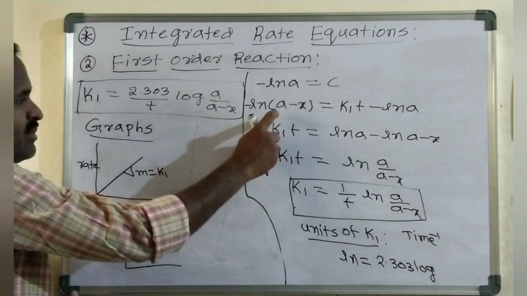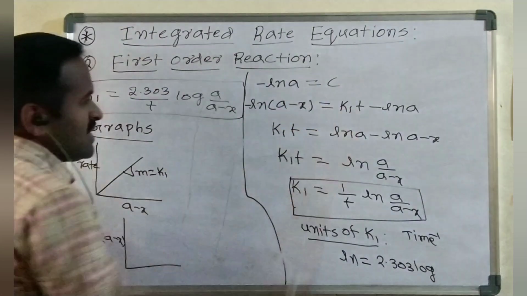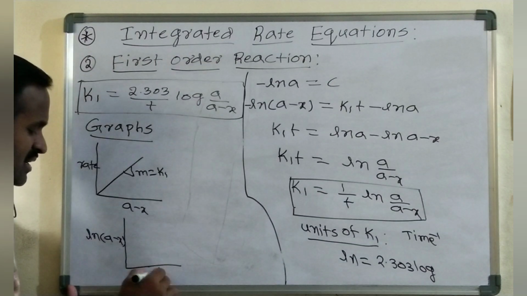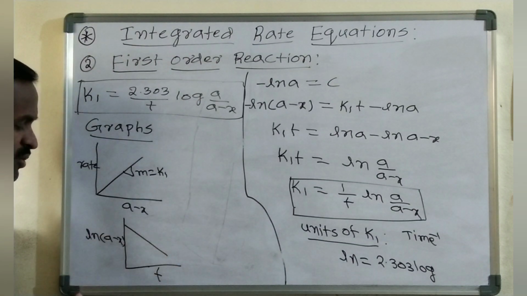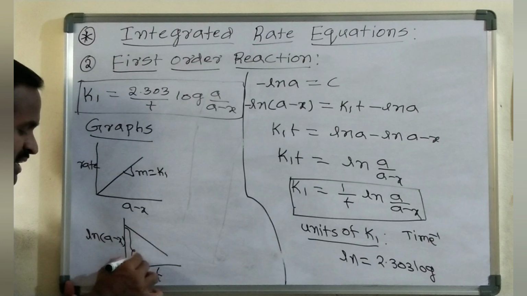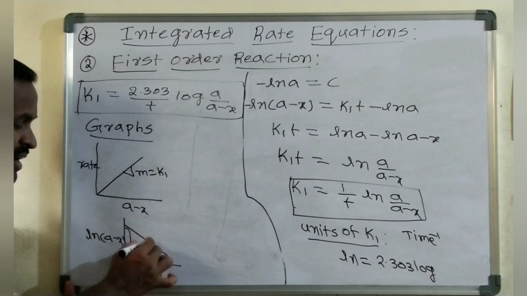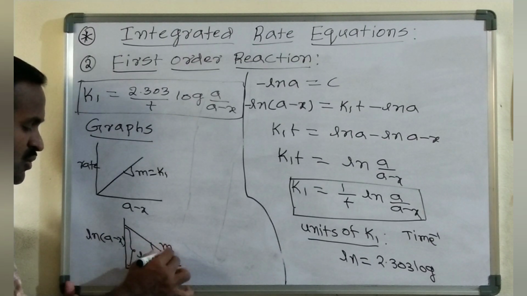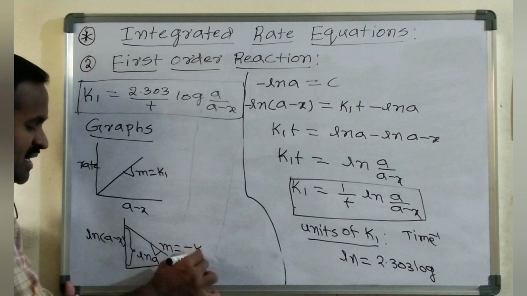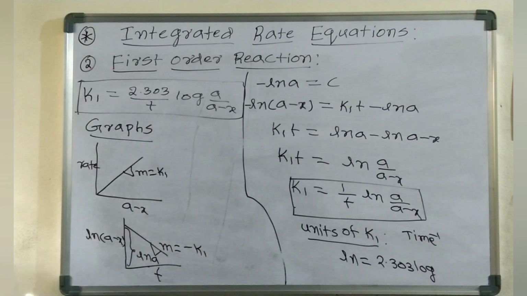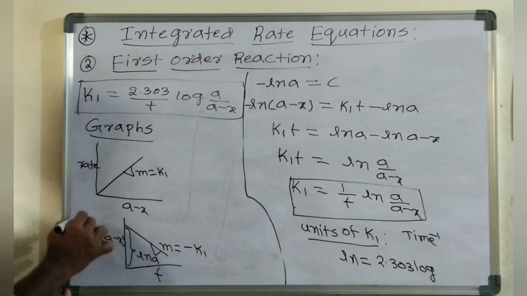If you plot a graph between ln(a - x) versus time, you get a negative slope. The intercept is equal to ln a, and the slope m is equal to minus K1, a negative slope. So this is another graph.